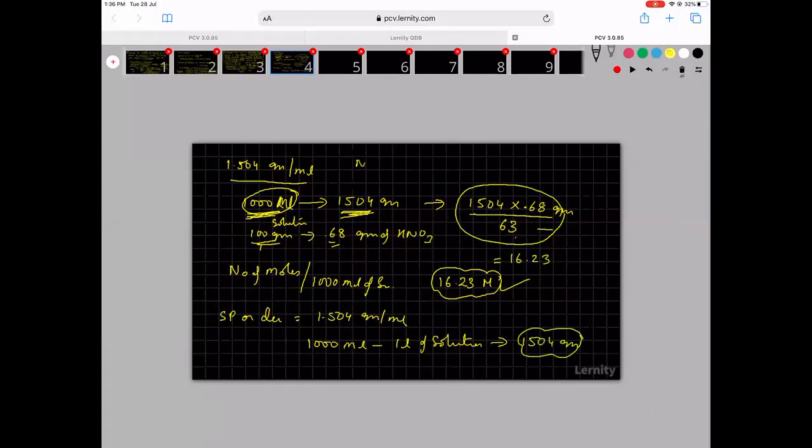Molarity is number of moles per liter of solution. So I have 1000 ml in 1 liter of solution, right? So that is 1 liter of solution. I have so many grams.